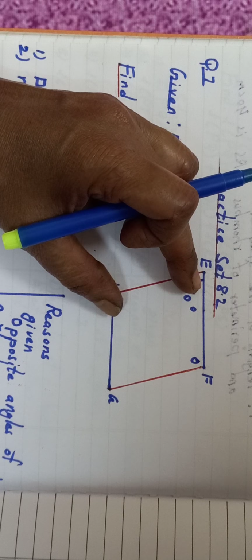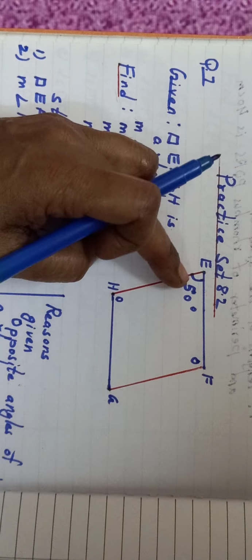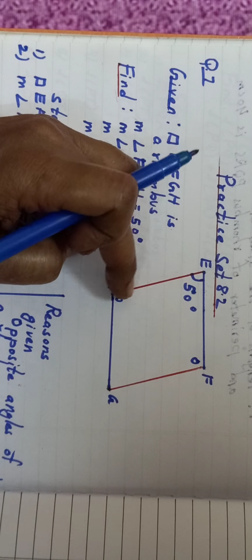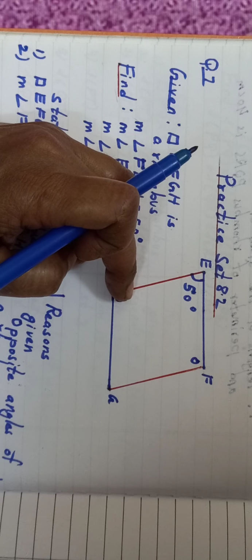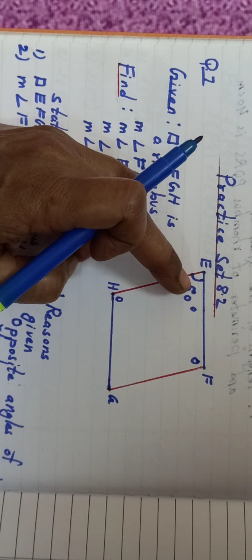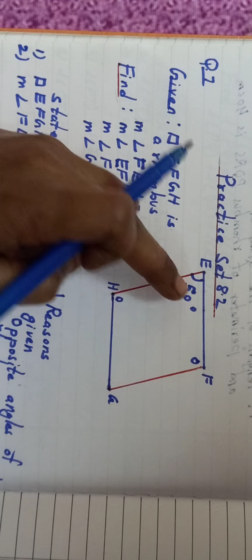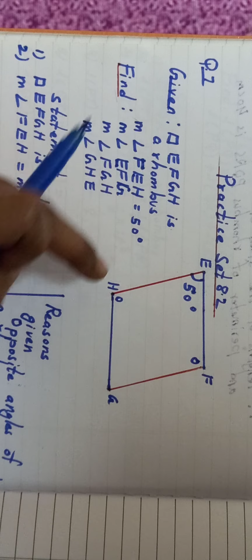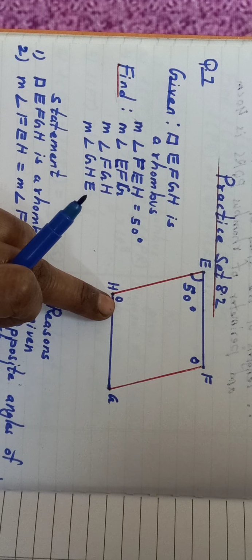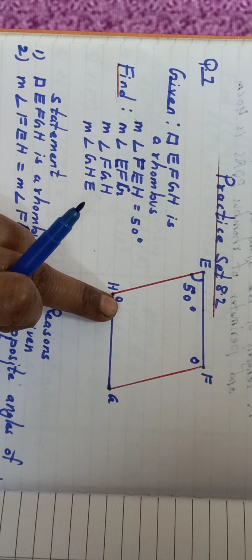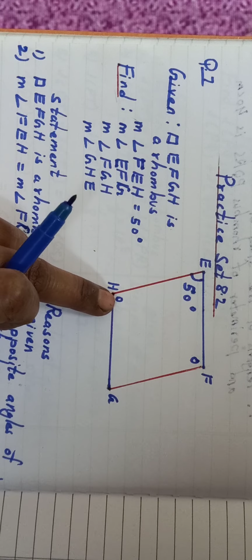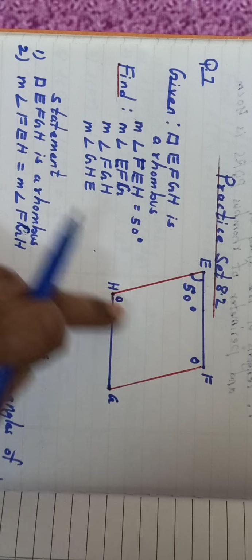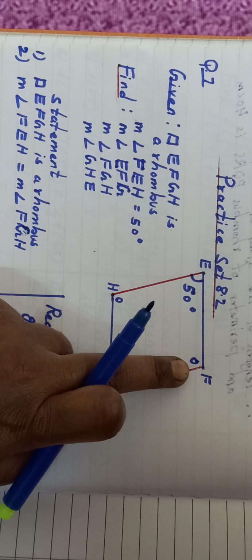I have explained interior angles in detail to you. The sum of the measures of interior angles is 180 degrees. So if this is 50 and the total is 180, what will the remaining angle's measure be? It will be 130, right? So this angle we have got 130. These two are equal, so this angle will also be 130.